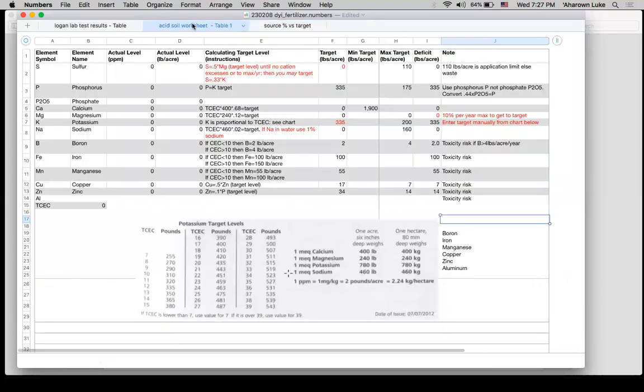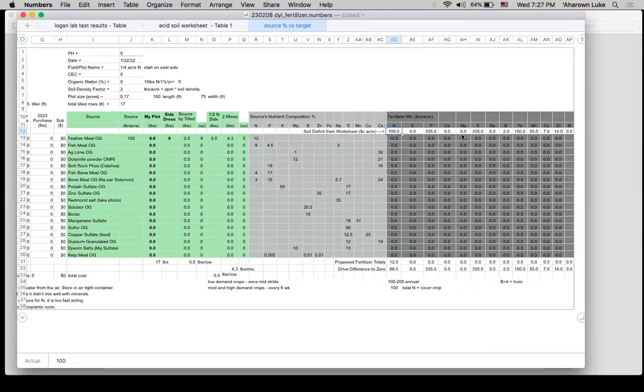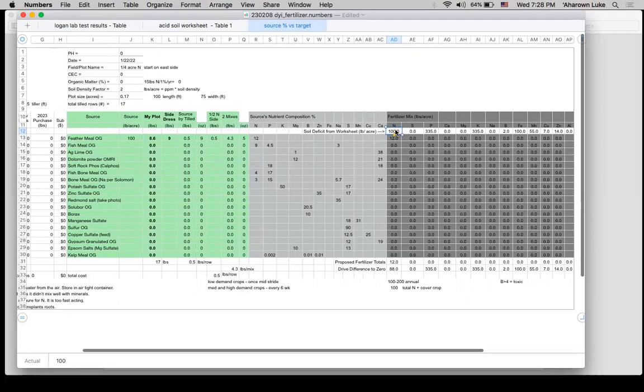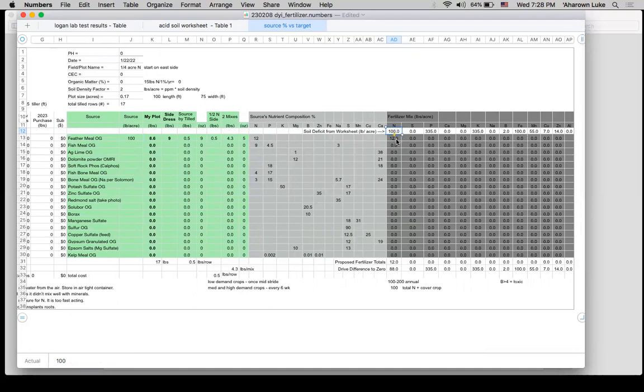These targets here come from the deficit that I need. This column is just copied over here so I can try to get those values in my fertility scheme. So I already know I need 100 pounds of nitrogen to 200, and so far I only have 12 pounds.